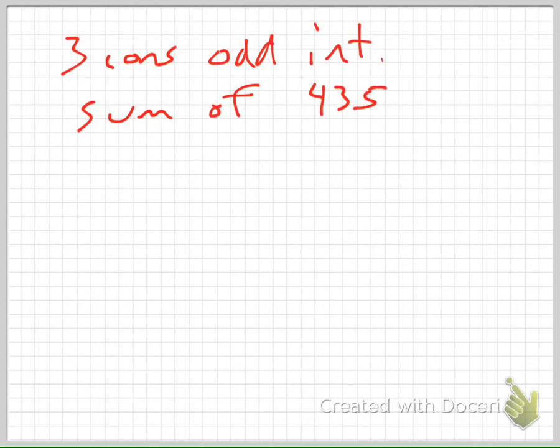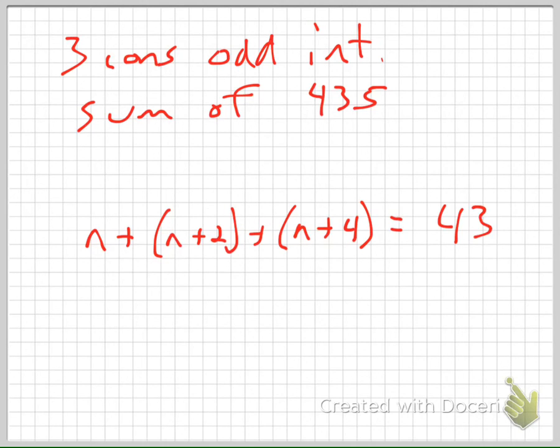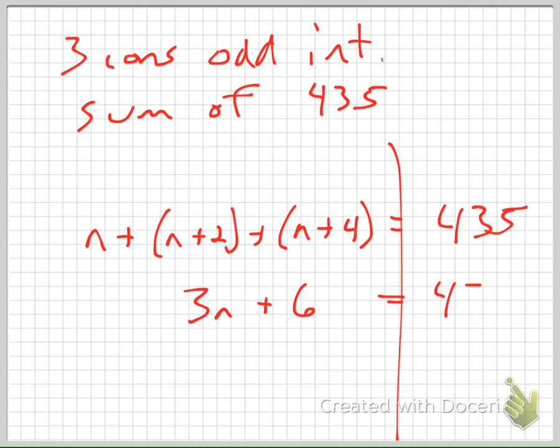Okay, how do I set the problem up then? Scotland, how do I set up the problem? n plus (n plus 2) plus (n plus 4) equals 435. Line down the equal sign. Simplify this. 3n plus 6 equals 435.